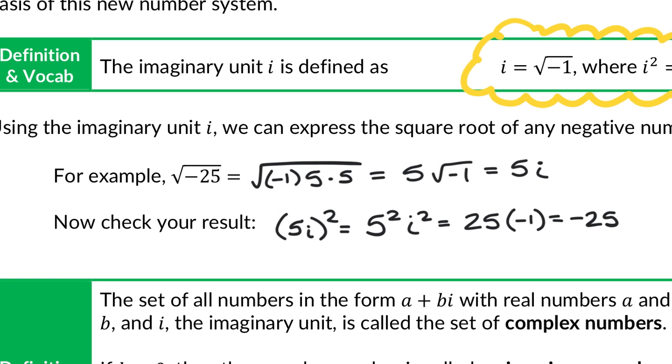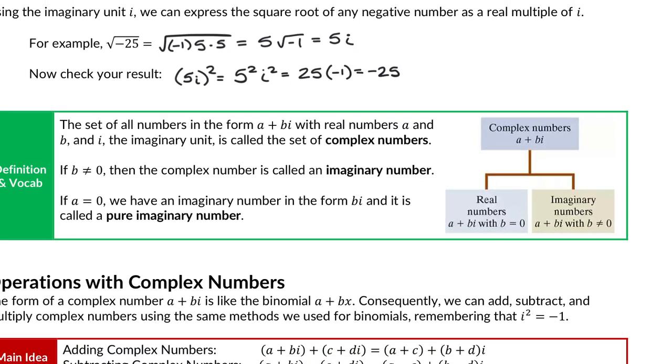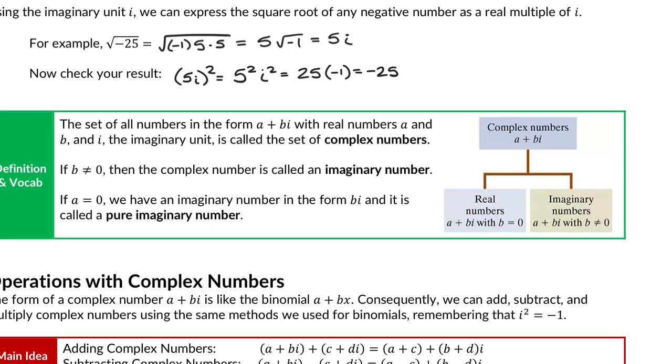That totally works. An imaginary unit becomes a part of what's called a complex number. A complex number has two parts, okay? This is what a complex number typically looks like, a plus bi. It has a real part, like a regular looking number, that's the a, and it has an imaginary part, the bi part.